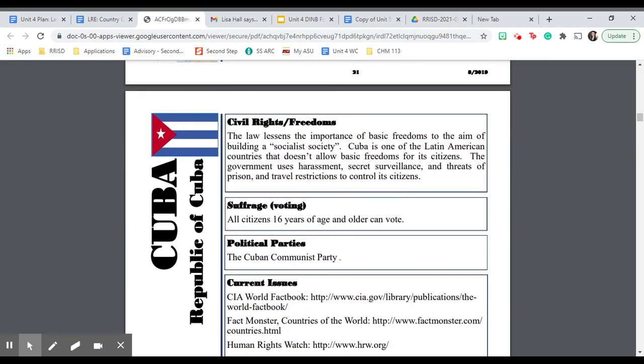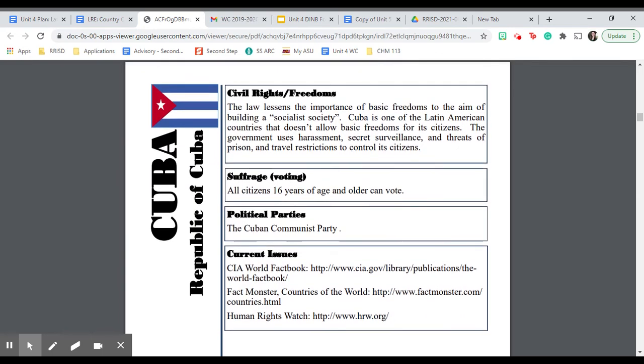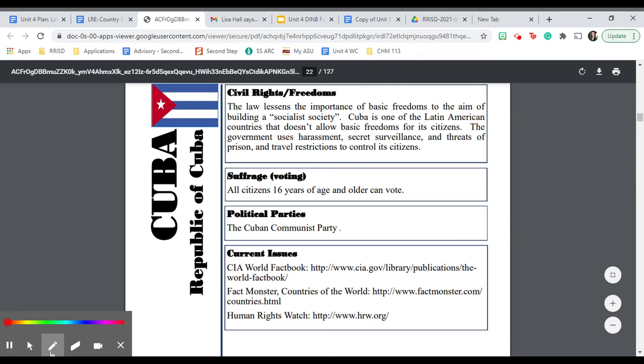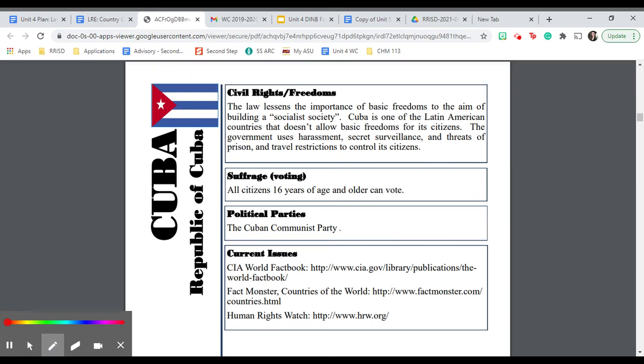Now let's talk about Cuba's civil rights and freedoms, or maybe lack thereof. The law lessens the importance of basic freedoms to aim in building a socialist society. So Cuba is one of the Latin American countries that does not allow basic freedoms for its citizens.